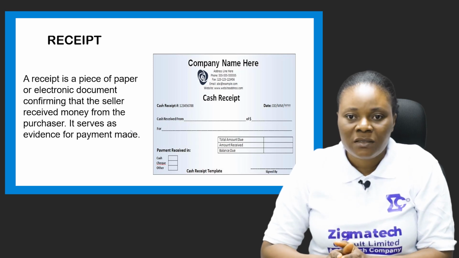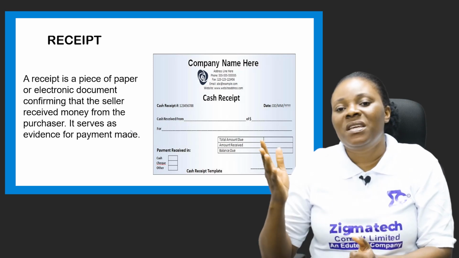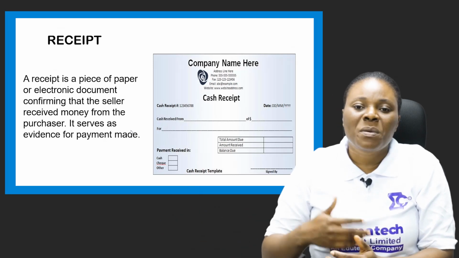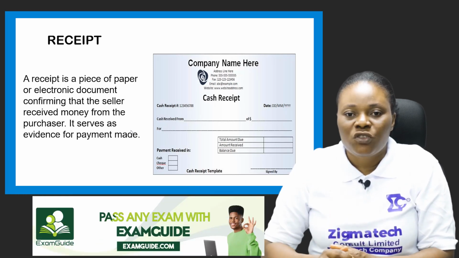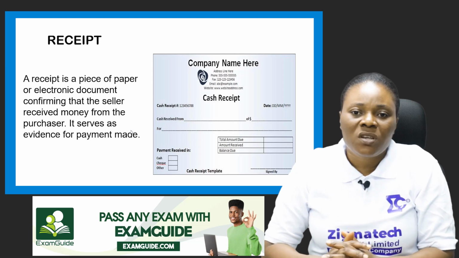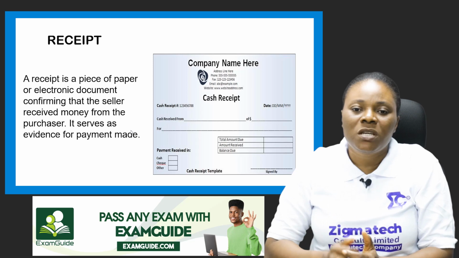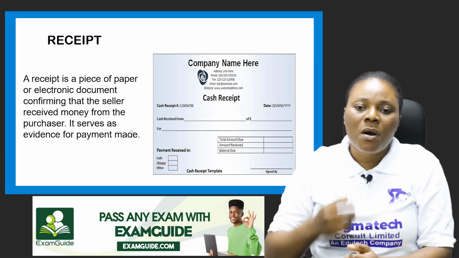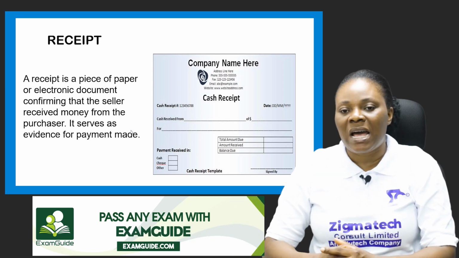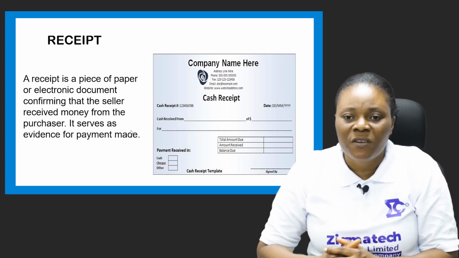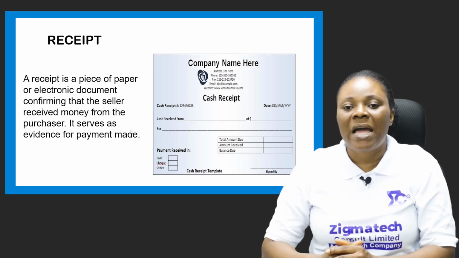I take it again. A receipt, I said, can be in the form of just a piece of paper, and it can also be printed out electronically. The major use of the receipt is to confirm that money has been received by the seller from the buyer for goods bought or for services provided.